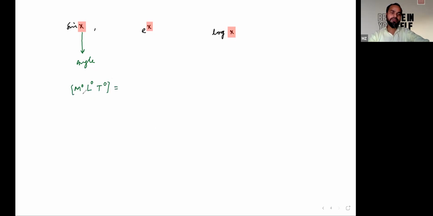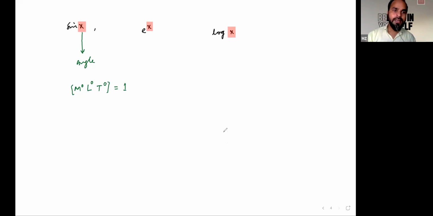We already know that if the exponent of any term is 0, it equals 1. So if a quantity is dimensionless, just equate it to 1 and try to obtain the rest of the part which you have to calculate.